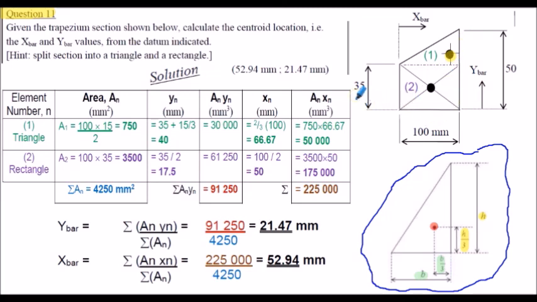So the y dimension for the triangle from the datum here will be the 35 add a third of 15, and that will give us the 40. As for the x dimension for the triangle, then that will be 2/3 of 100 from the left-hand edge. I'll let you review the rest of that slide at your own pace, as the overall solution is very similar to that we've undertaken previously.